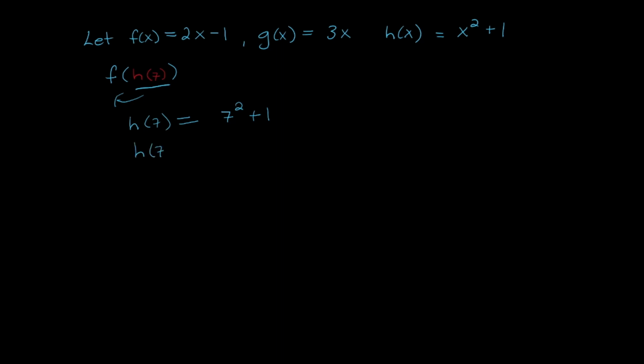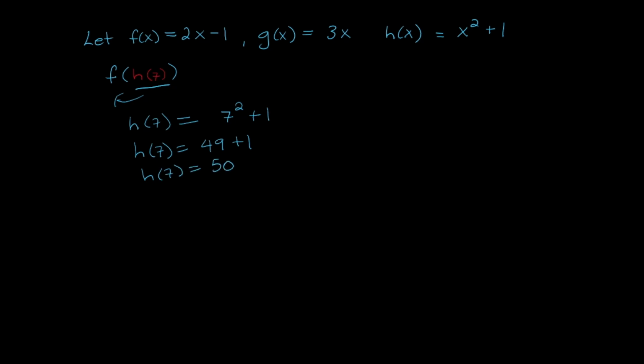That means h of 7 is equal to 49 plus 1, so h of 7 is equal to 50.